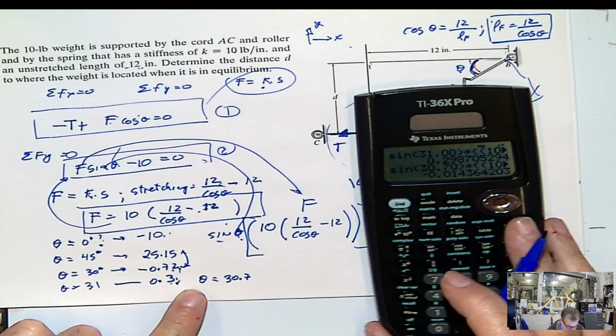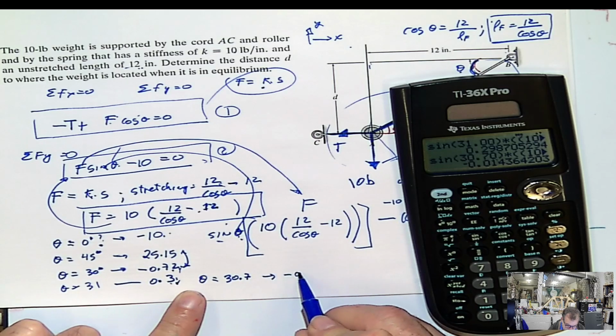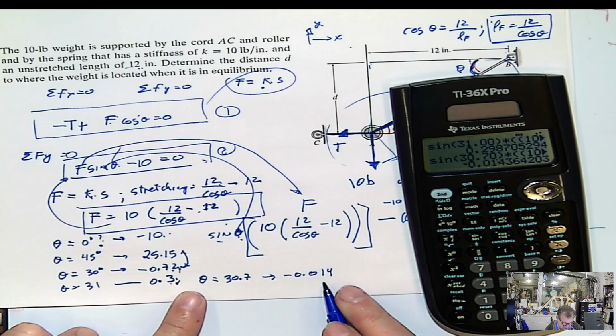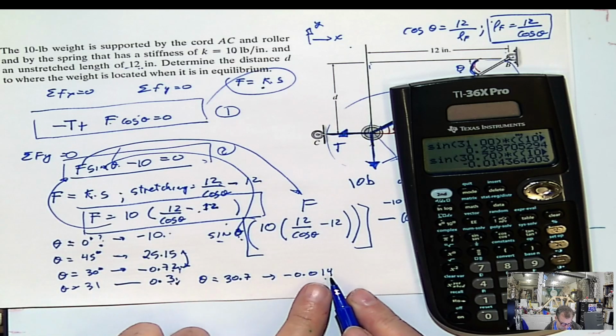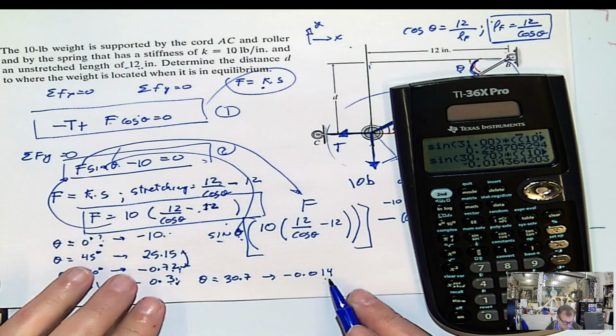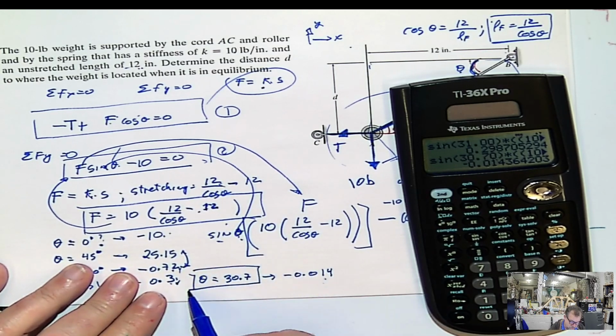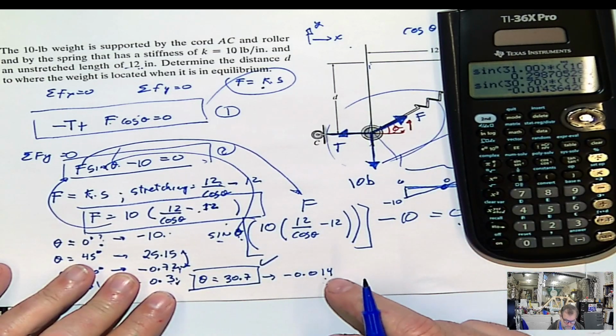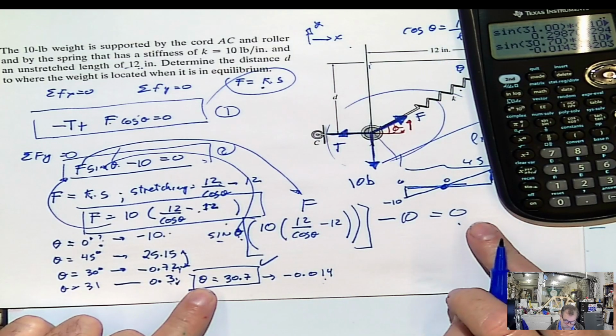And then you get negative 0.014. If you wanted to make it better, it should be between this value and this value, closer to 0, to 30.7, so maybe 30.71, 72, but I can live with this value. So this could be my answer, because the error is really small compared with what I was supposed to get.